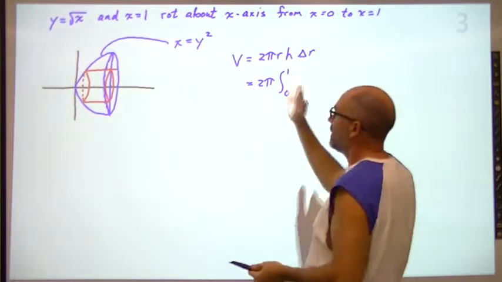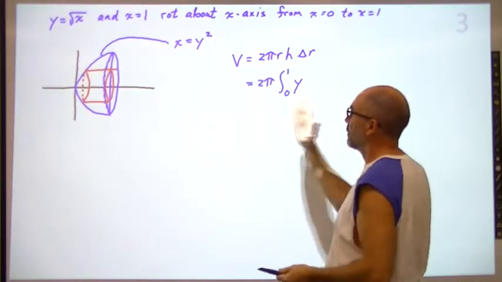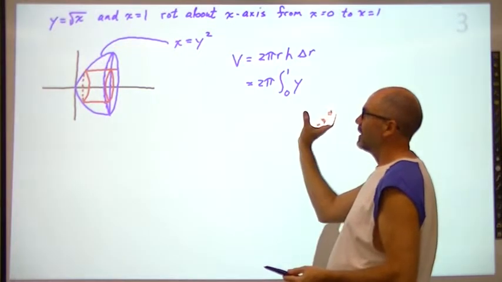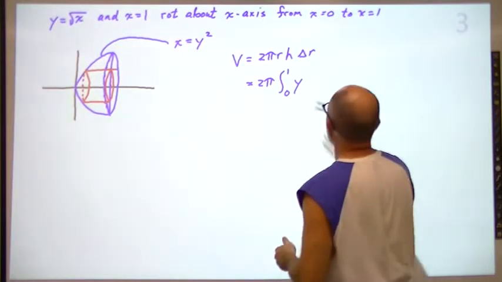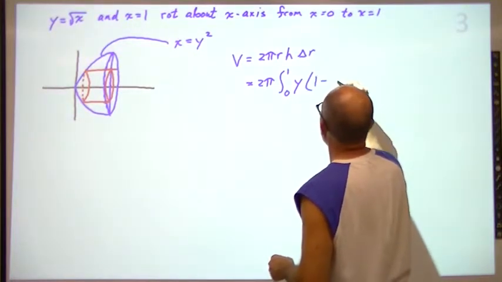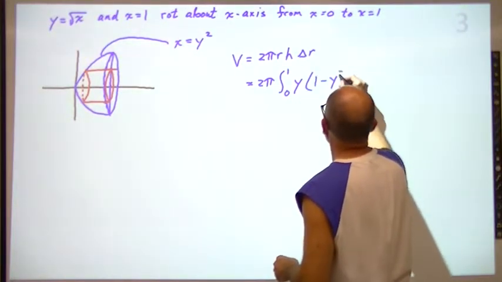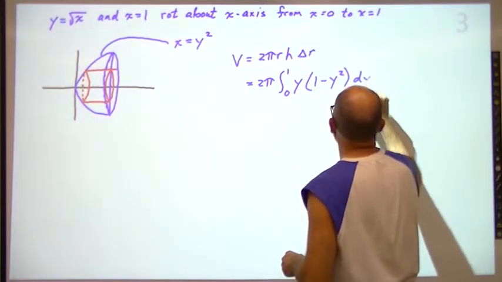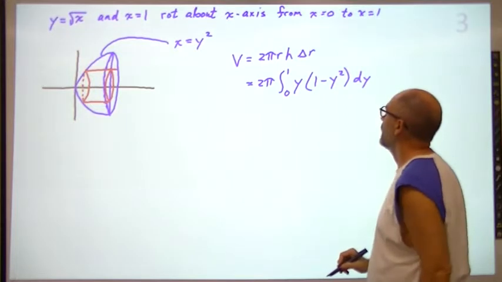See, it's the right minus the left. Since we're trying to find the height of a cylinder that's horizontal, then the height is going to be the right side minus the left side. And then the thickness is delta r, which is a dy.